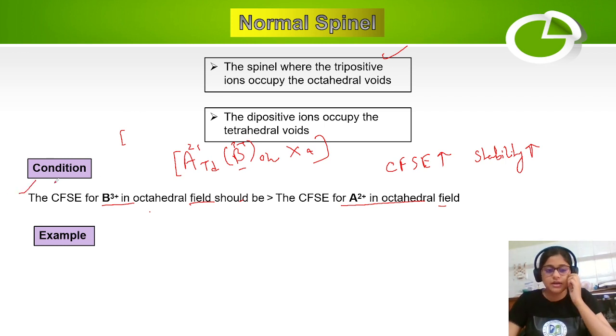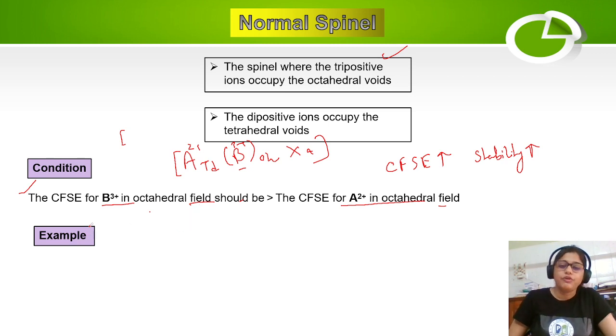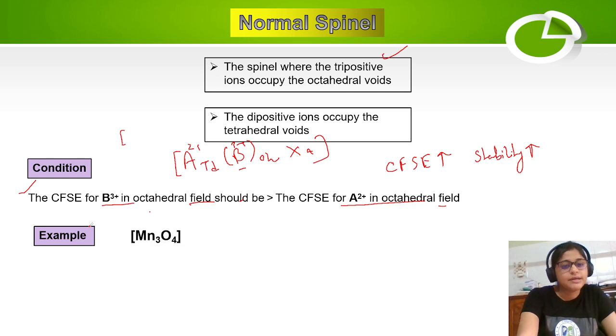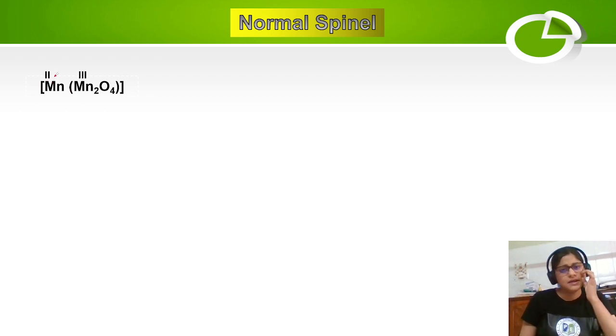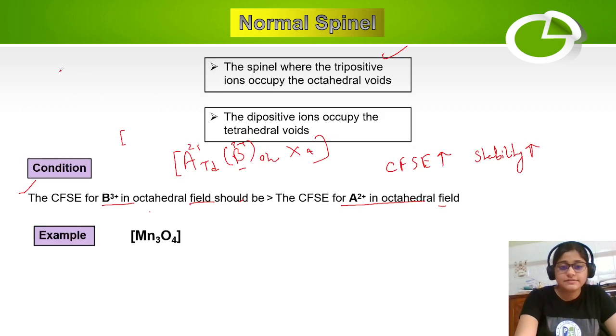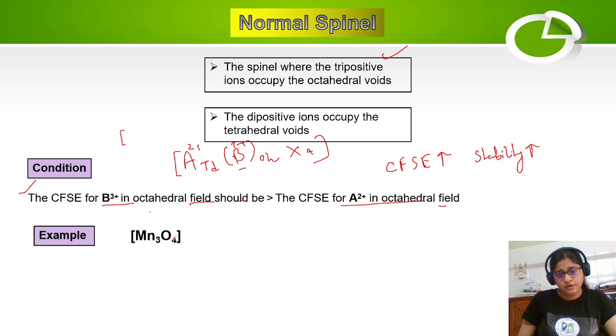So this is the actual condition. We can do it other ways, but I prefer this calculation; this will give you the correct answer. For example, let's take Mn3O4. Because it is a spinel, you have to find out that it is a spinel. How can we find out?